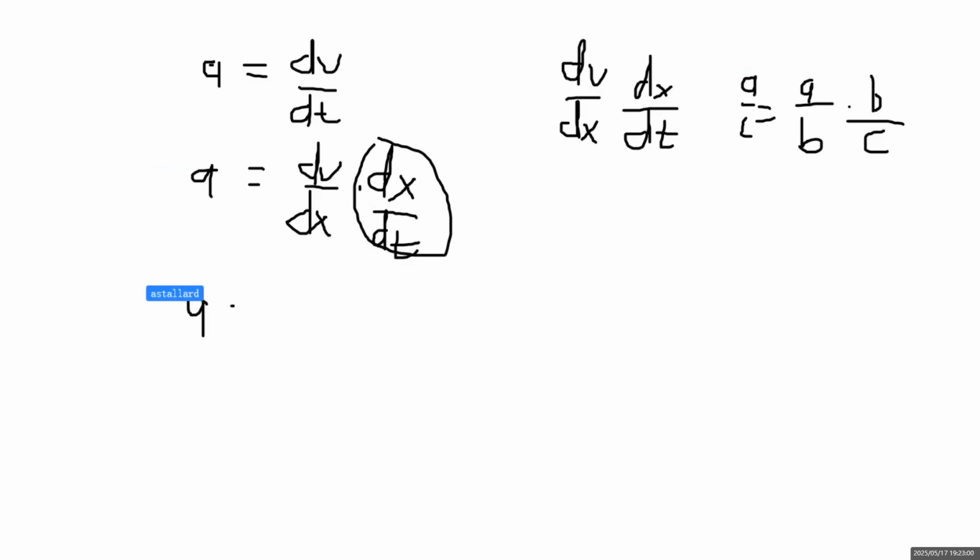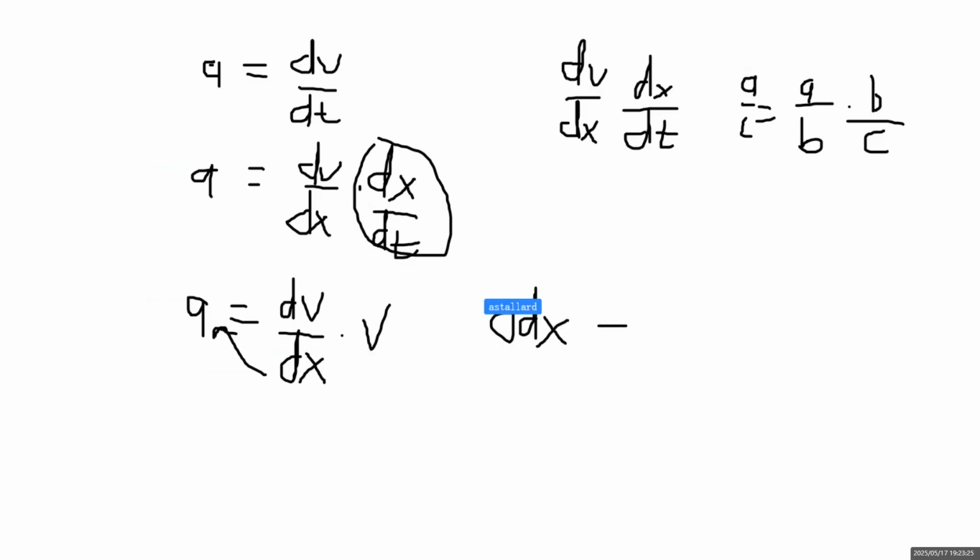So a equals dv over dx times v. Now we can move this dx over here. a dx equals v dv.